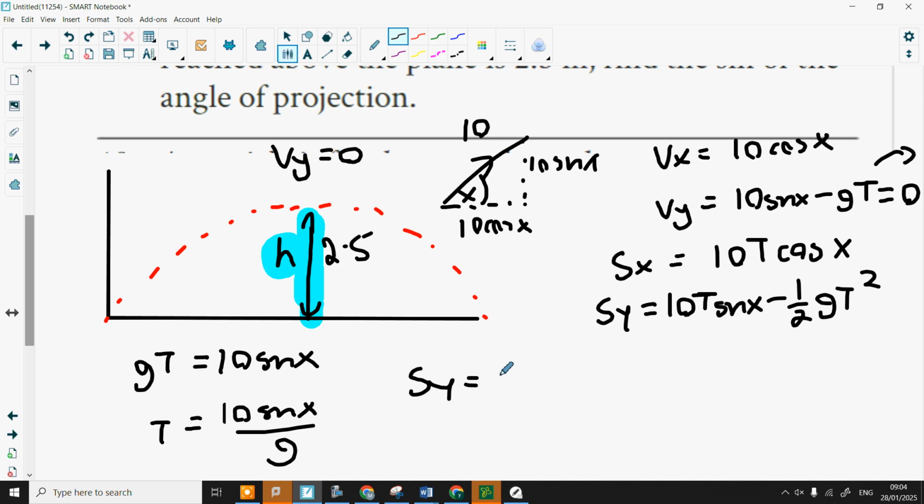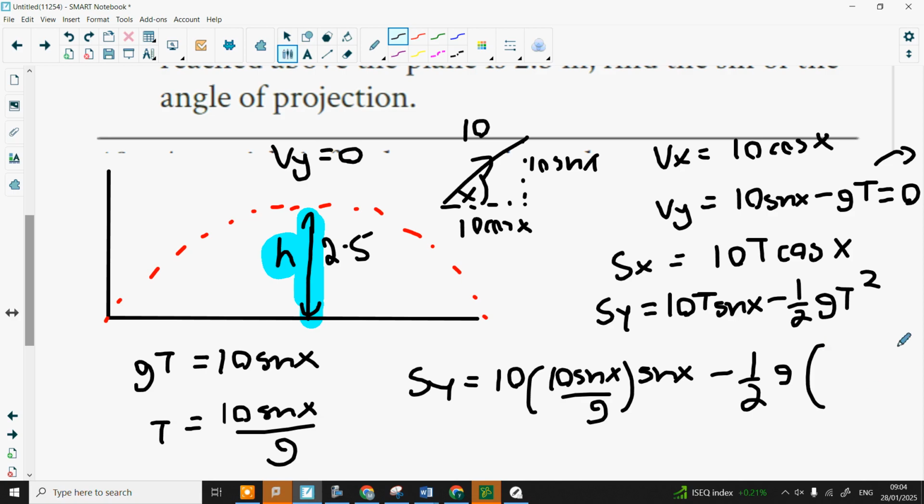So Sy is 10 times 10 sine X over G, minus another sine X times a half G. I'm just going to square that out now. 100, because 10 times 10 is 100. Sine X, plus sine X, sine squared X all over G squared, yeah? Then what happens next?